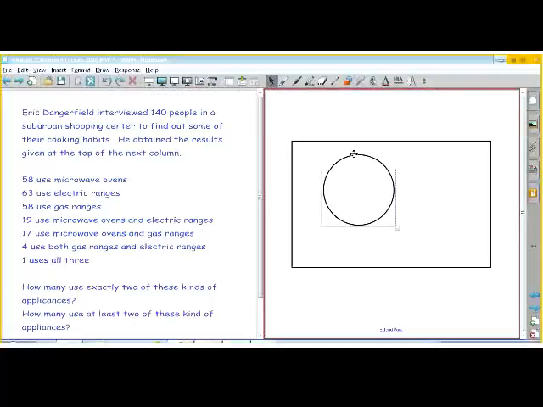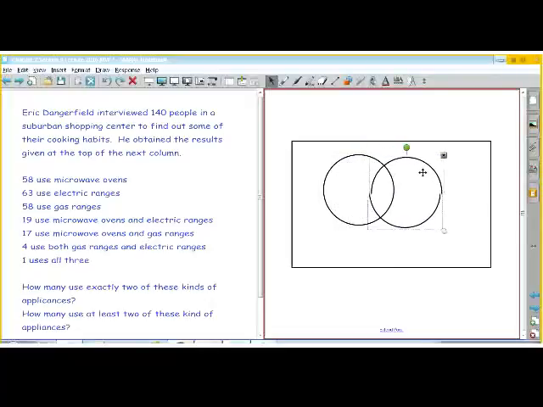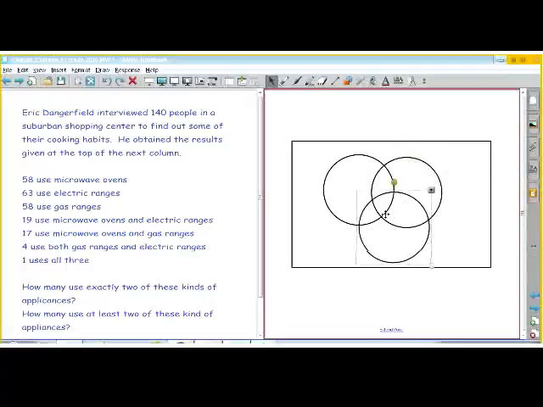So we draw 3 circles, just so they overlap. There we go. Okay, and we'll use a letter to represent each set: M for microwaves, G for gas, and E for electric.